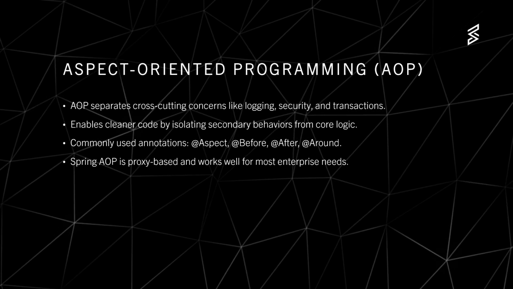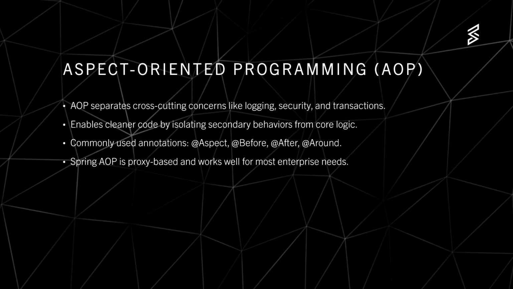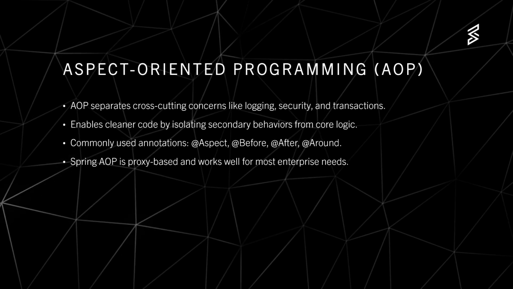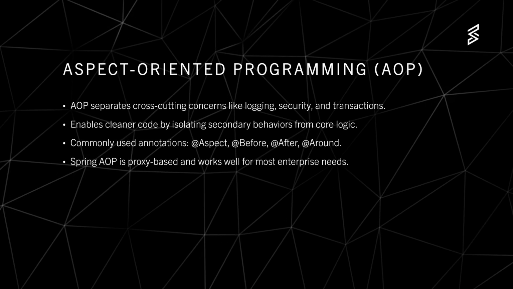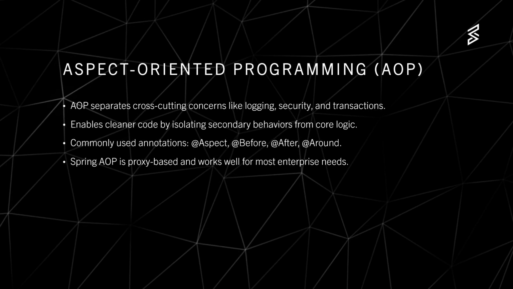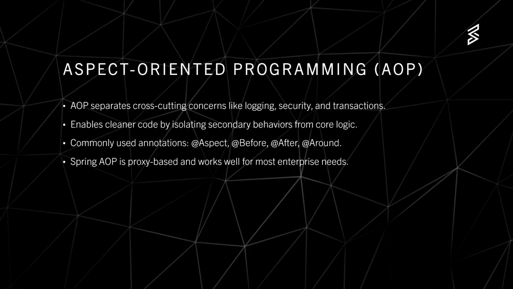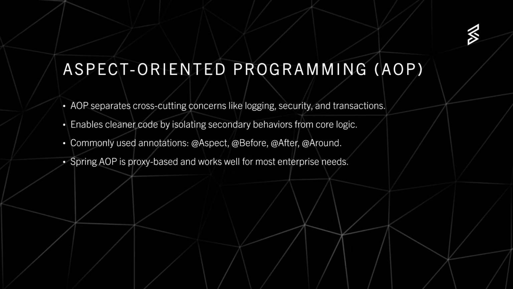Instead of writing the same logging code in multiple places, you define it once as an aspect, and Spring applies it automatically where needed. This leads to cleaner code and easier maintenance. In Spring, you can use annotations like @Aspect, @Before, and @After to apply this behavior.